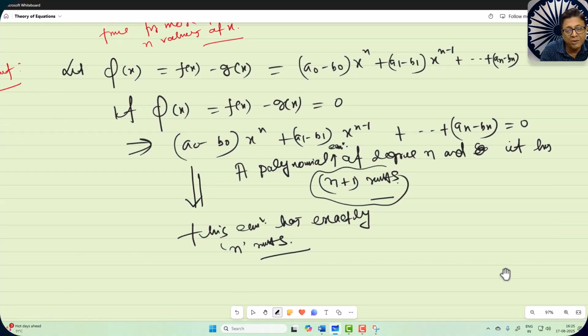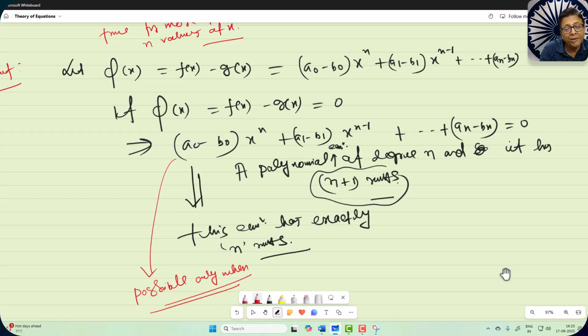This is possible under what condition? Only when those coefficients are equal to 0. I mean, if they don't exist, then it will be an identity type of thing.